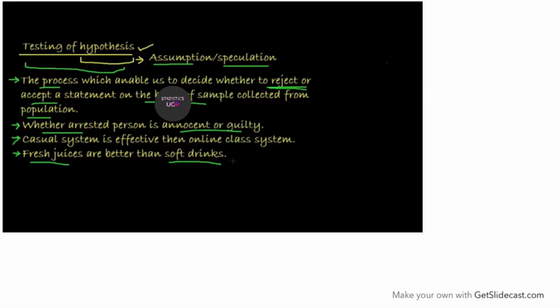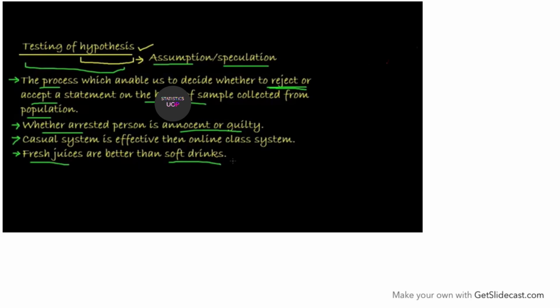All right, for the next slide: hypothesis. What do we mean by hypothesis? Hypothesis has to do with an assumption or speculation, and when you hear assumption or speculation, it may or may not be real. So the test of hypothesis is about trying to confirm whether your speculations or assumptions are true or false.